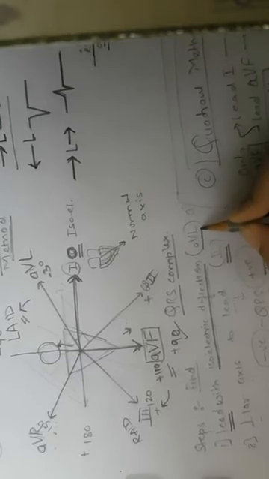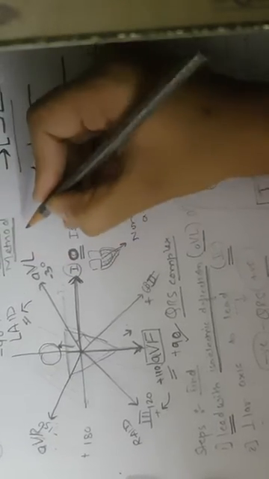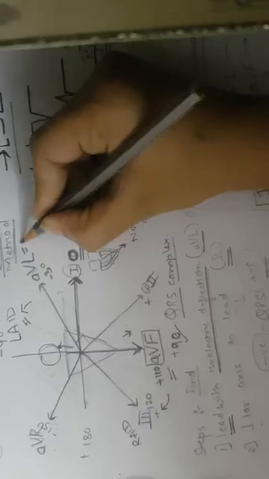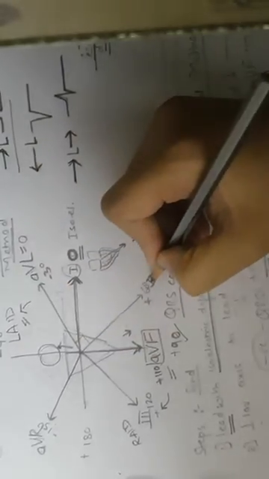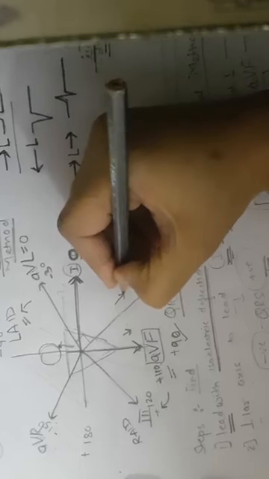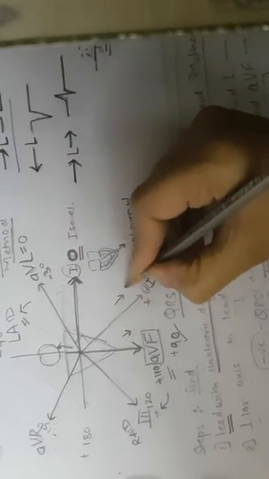For example, if lead AVL is showing an isoelectric deflection, then perpendicular to it is lead 2. If lead 2 is showing a positive deflection, the current is flowing in this direction, which means the cardiac axis is normal.